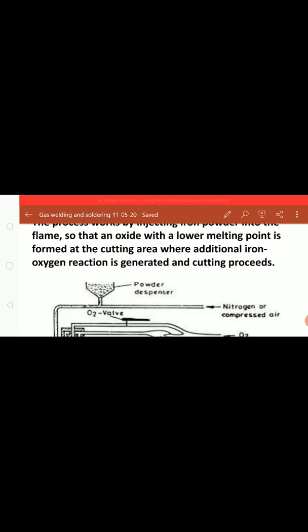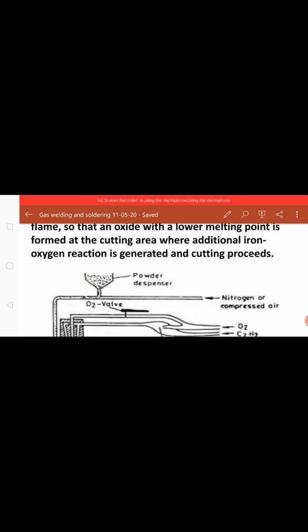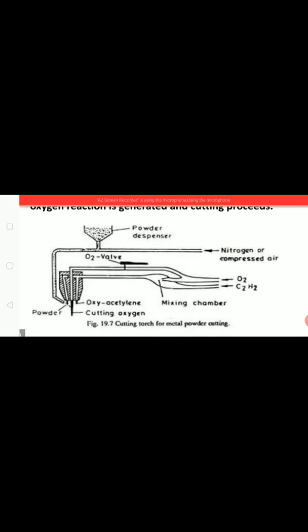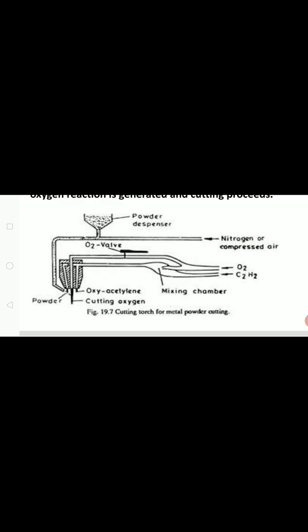Look at the picture. The iron powder is collected in the hopper and supplied in the vicinity of the flame. Supplying the iron powder to the flame may burn off and cut the metal to be cut.